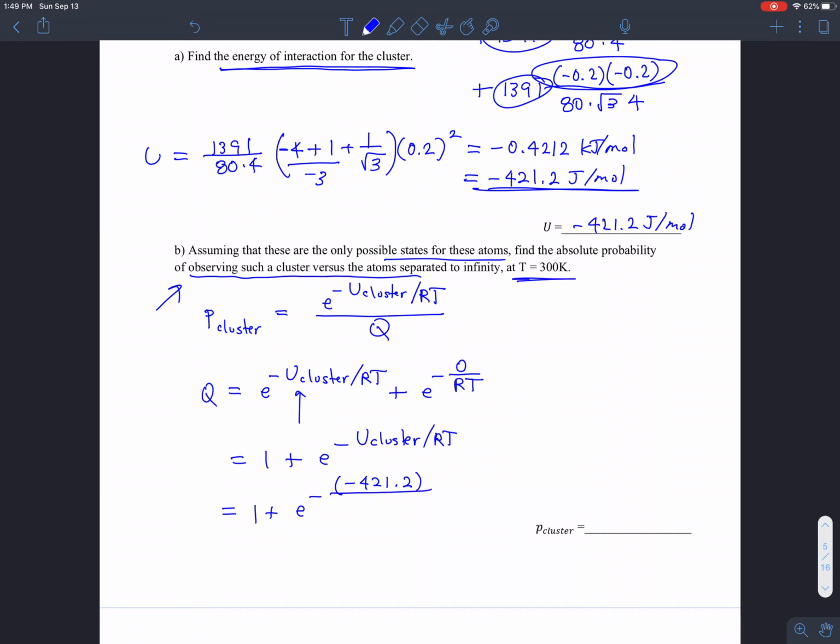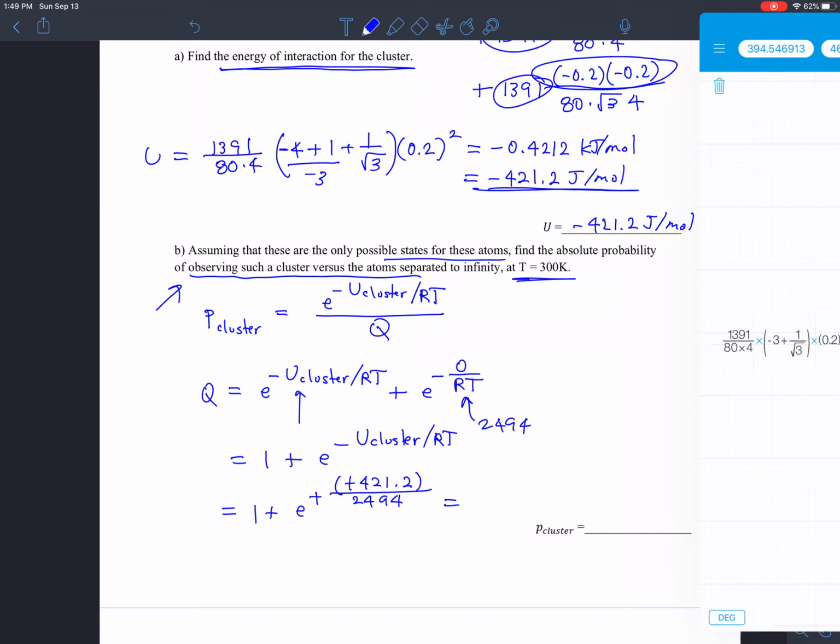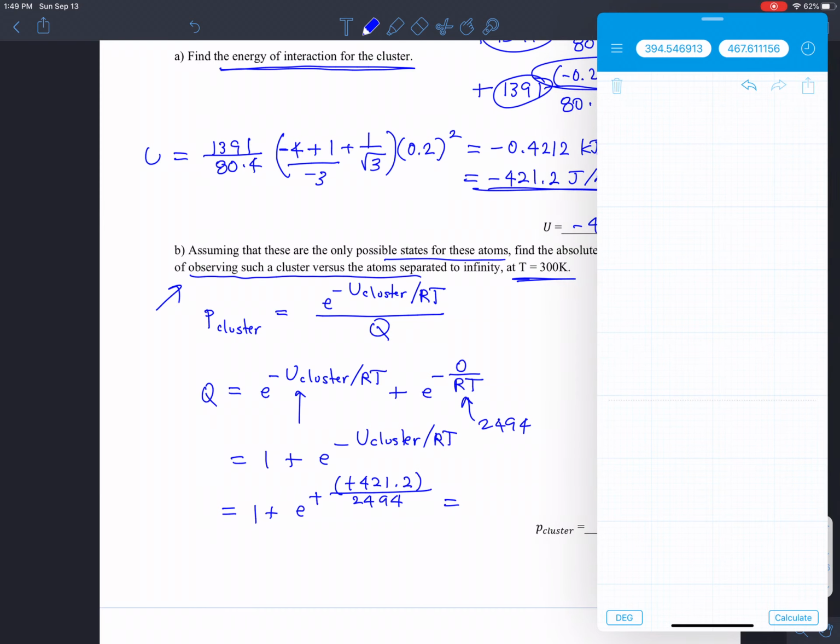Our temperature is 300 kelvins, so RT is 2494 joules. And notice the plus and the plus here, so that's equal to 1 plus e to the 421.2 over 2494, and that is equal to 2.184.